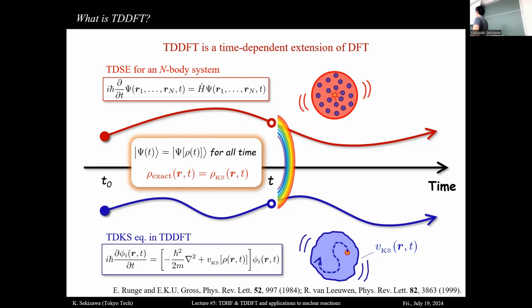It is time-dependent. And there exists such an energy density functional, which provides the same one-body density, the same time evolution of the one-body density. Okay, so it is magical, but it explains what TDDFT is.